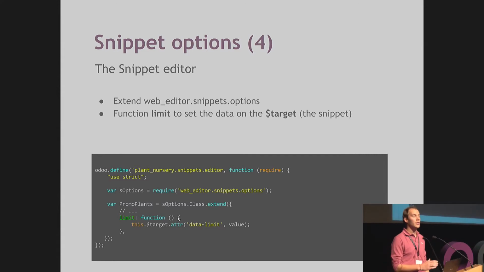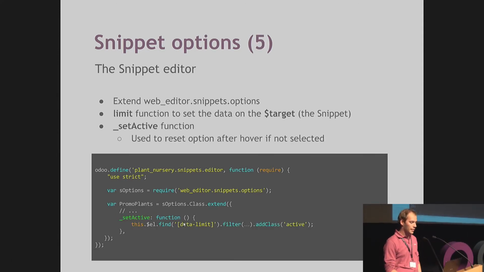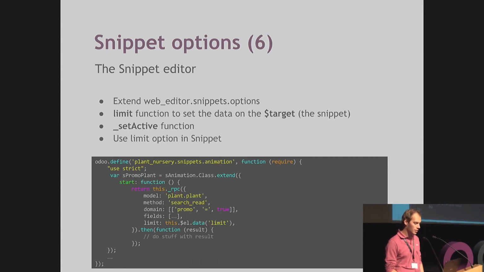So this function is called, and the idea is when we click on the small menu, we'll set the limit on the snippet. So this target here is the snippet, and yeah, this is a detail.